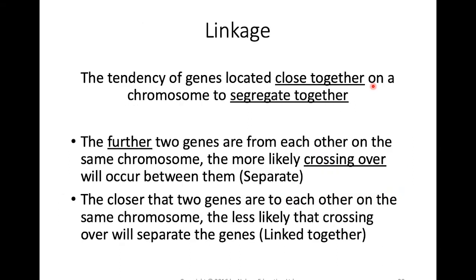Now, as I mentioned before, one thing when we were looking at Mendelian inheritance that we had to ignore was that some genes that might be located closer together on a chromosome may be more likely to pass on and segregate together when the parent is producing their gametes. So we had to assume for dihybrid crosses that we were always looking at genes that were located far away from each other, specifically on two separate chromosomes.